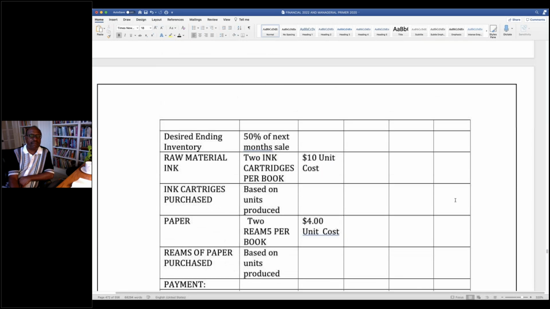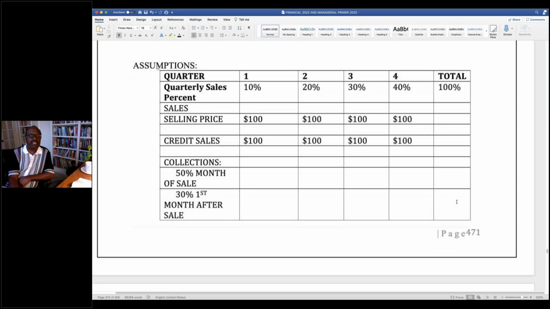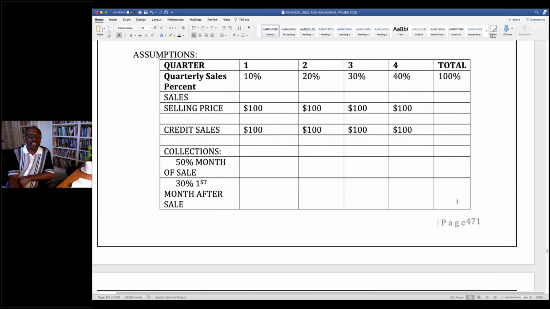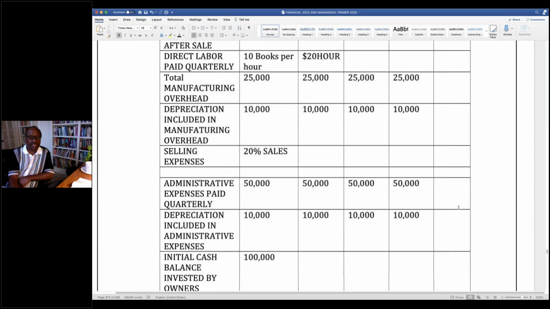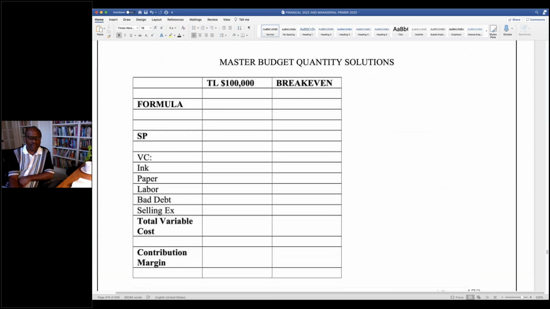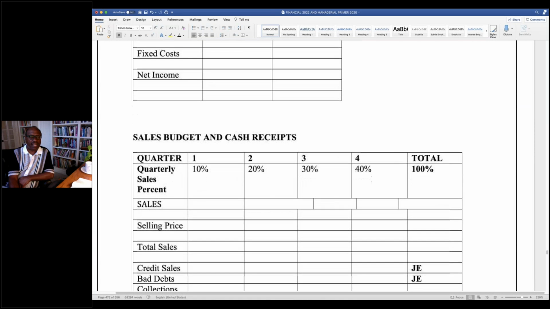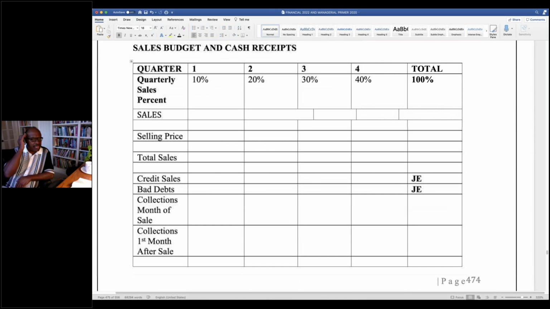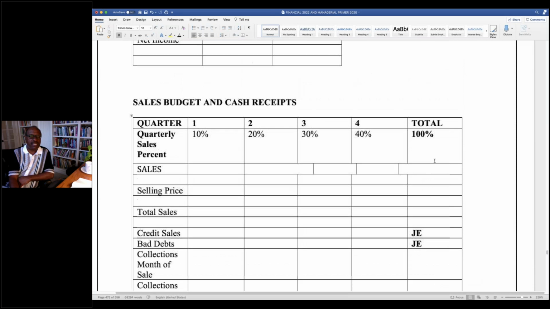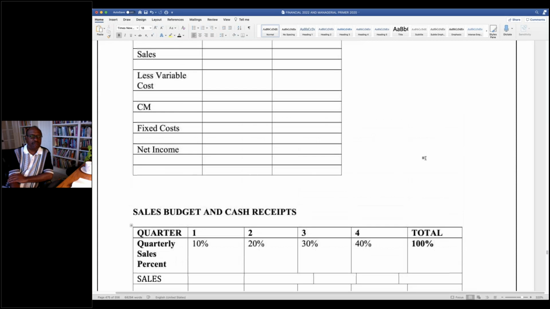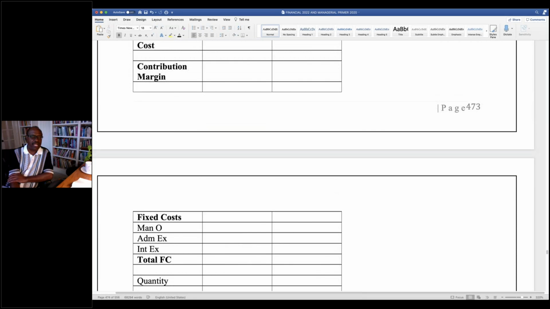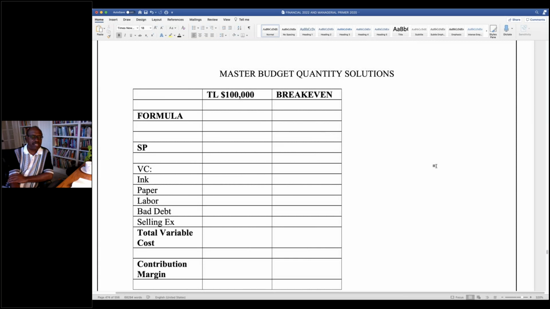Your assumptions have to begin to look like this because we're going to be basing everything on quarterly results. And so the first budget we have is a sales budget. And I'm gonna be a nice guy and I'll do the sales budget in this problem for you, but then each team will have another one of those budgets to do.